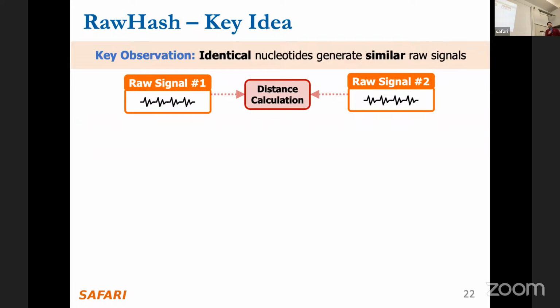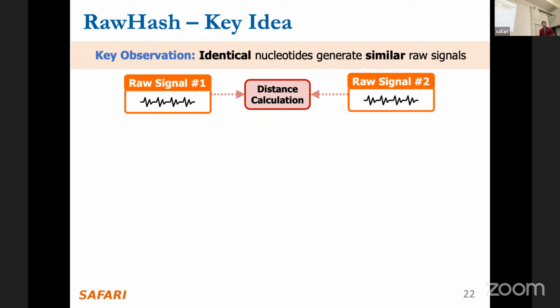Again, remember the key observation that we also covered earlier, which is that identical nucleotides or identical k-mers generate similar raw signals. This means that they don't generate exactly the same raw signal, but they generate similar raw signals. To exploit this observation, an earlier work performs distance calculation between a pair of raw signals.